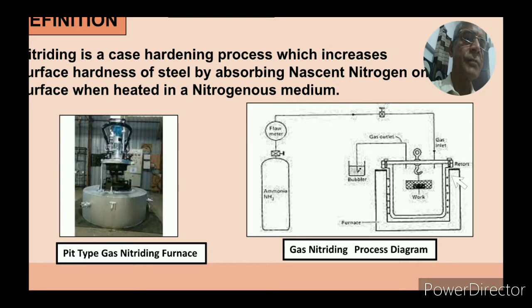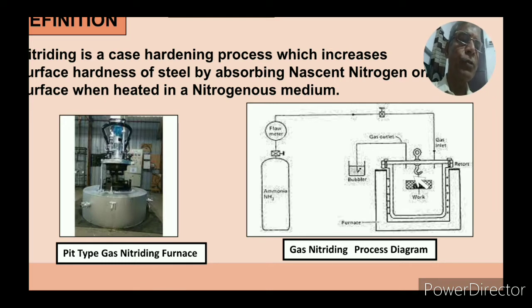The lining of this is basically of stainless steel, and within this there is a stainless steel retort. Inside this retort the part is hanged like this, and the gas comes here.